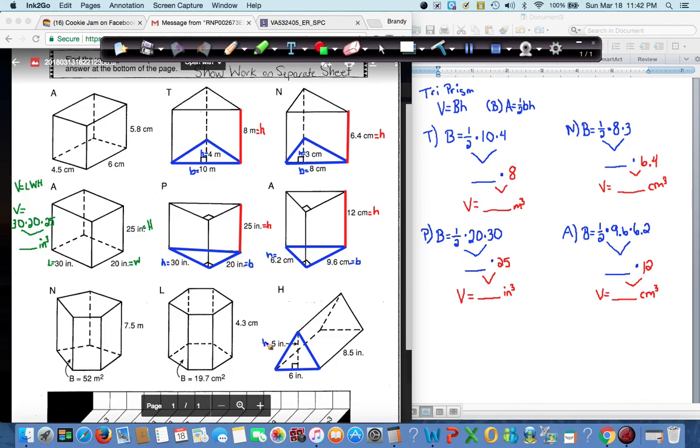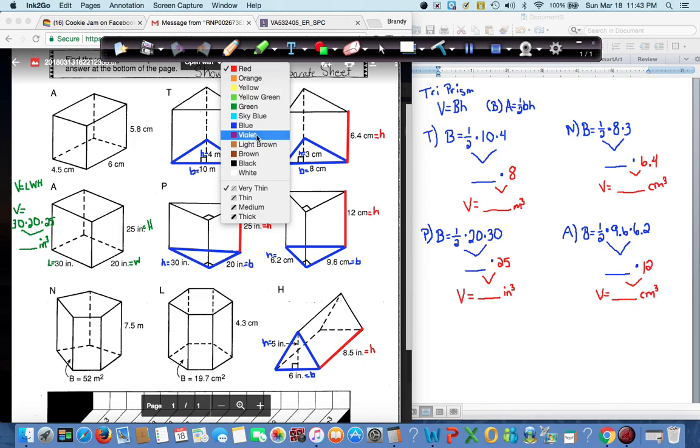So we have our little height right here, and we have our base right here. Even though it's laying down, this piece over here, the 8.5, this is the height of the prism. Some people get confused. Here's the height of the triangle and the base of the triangle.